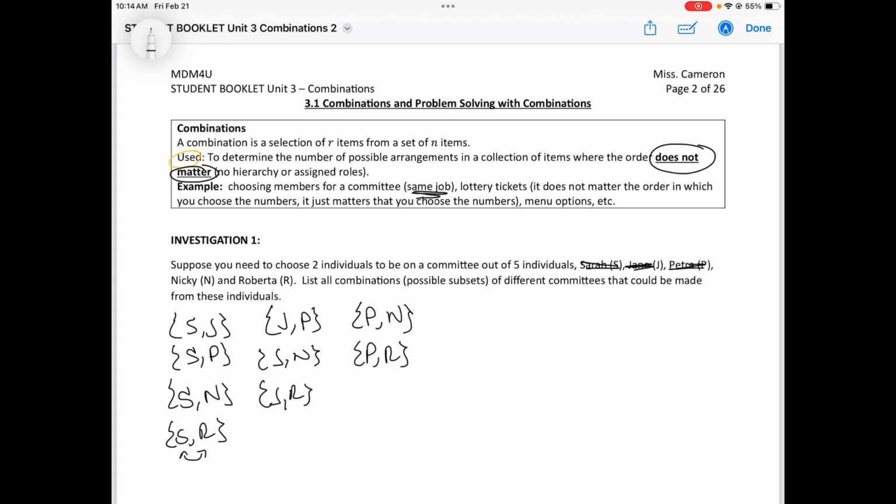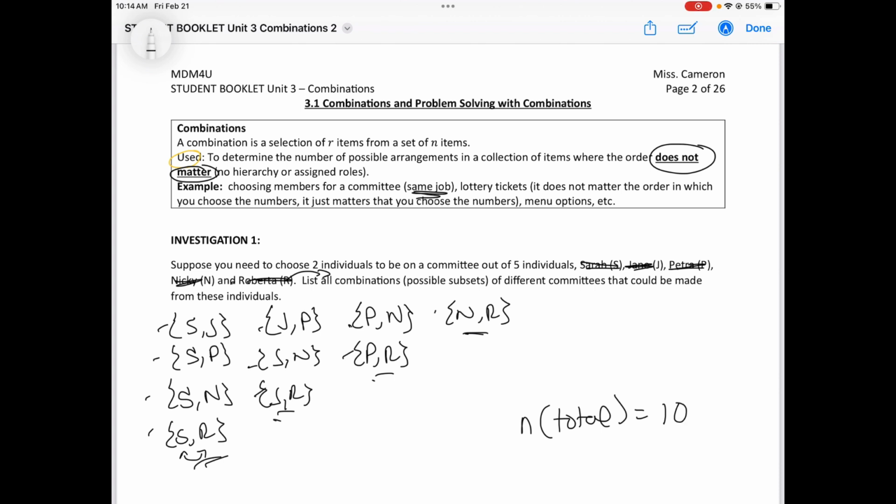Petra's done. And then we can have Nikki and Roberta. And Nikki's done. And Roberta's actually done because there's nobody else to match her up with, and we've already matched her up with all 4 other individuals. Okay, so the total number of ways that we can do this is 1, 2, 3, 4, 5, 6, 7, 8, 9, 10. Okay, 10 ways.